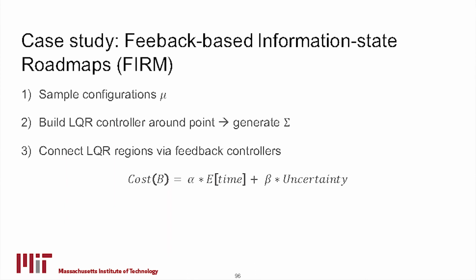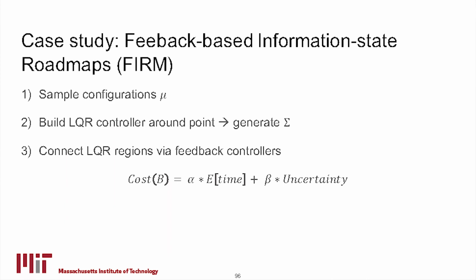So LQR controllers, if you don't know, they're really nice. In a small region around a point, they can drive a quadrotor, for example, to that configuration. And so if you build these LQR controllers around points, you can say, all right, anytime I end up in this cloud in the belief space, so any sort of distribution, I can bring it back to that mean.